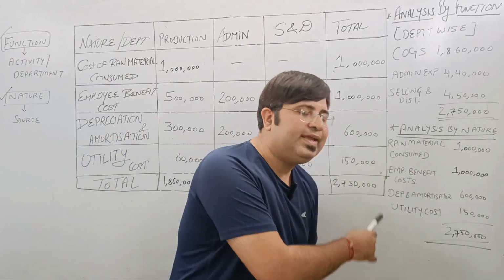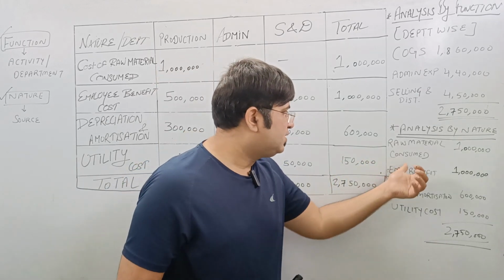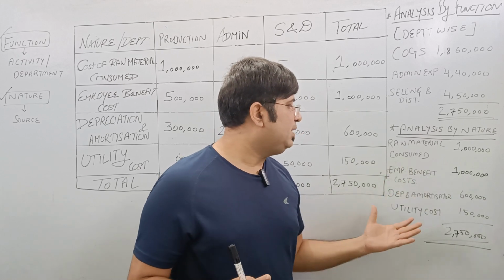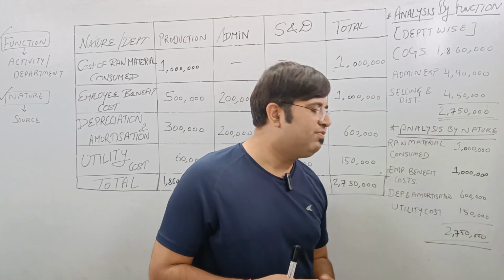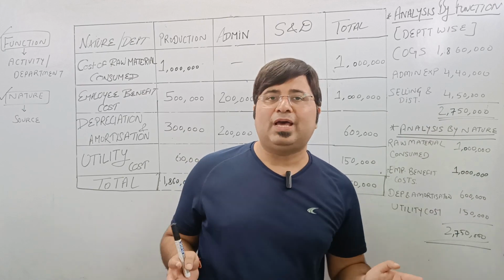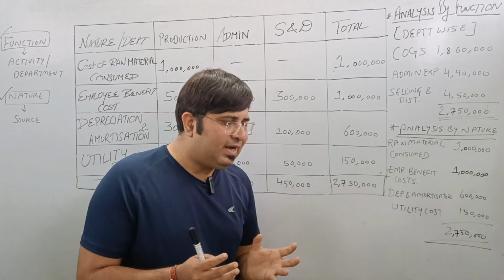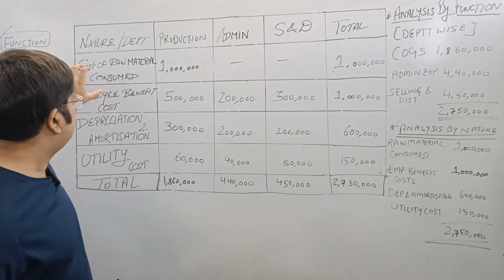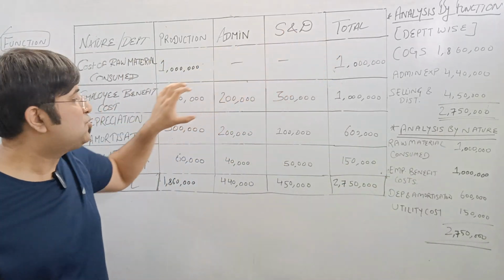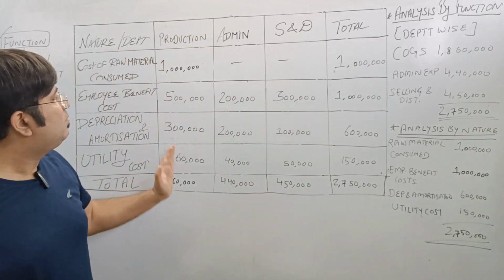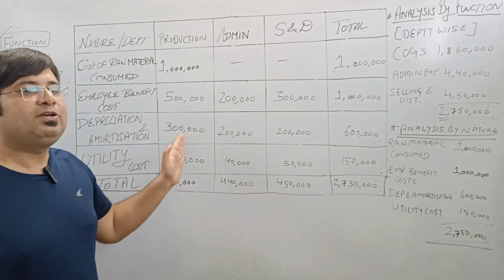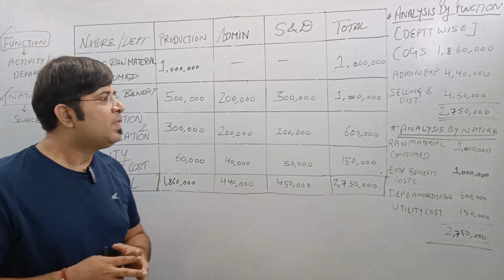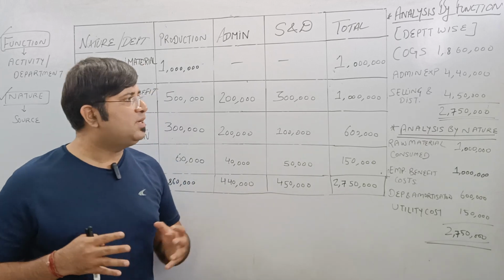So if we represent the expenses by nature, by the source, it is raw material 1 million, employee benefit 1 million, depreciation 600k, and utility 150k. Again, the total in both types is the same. It depends on how we want to show it. If we want to show by nature, we stick to the nature of the expense. But if we want to segregate it by function, we have to see the total amount coming for each and every department. This is the main difference between nature and function.